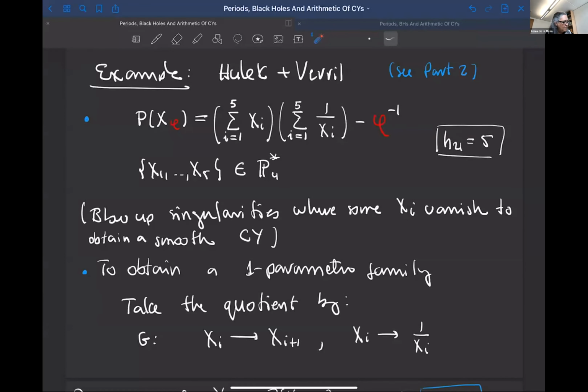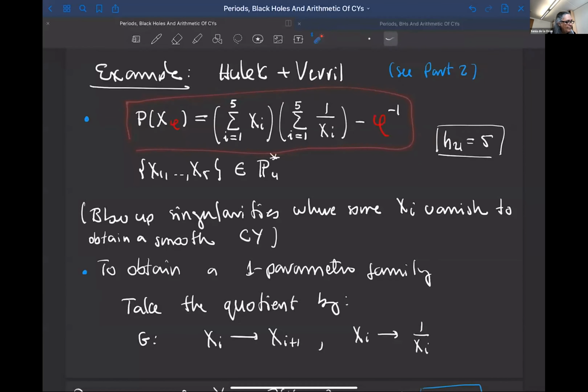So I will just give you a simple description that is valid when none of the coordinates in P4 vanish, and you can describe this manifold, at least when none of these coordinates vanish, by this polynomial.